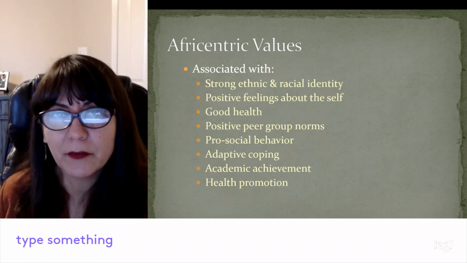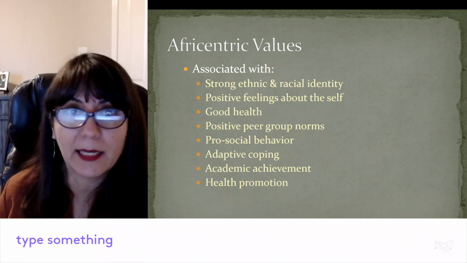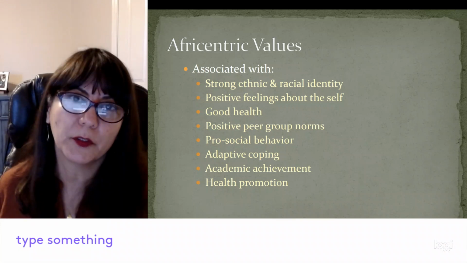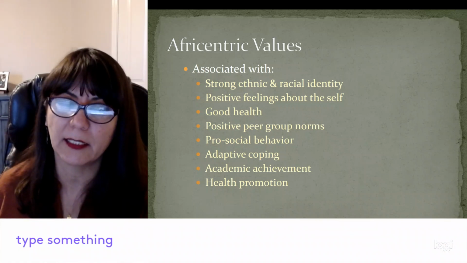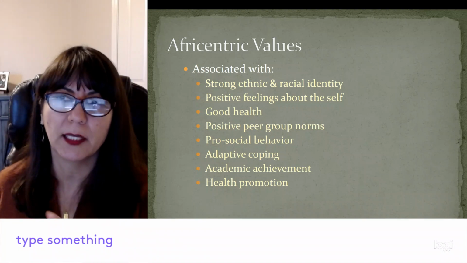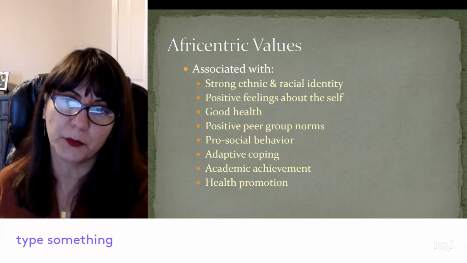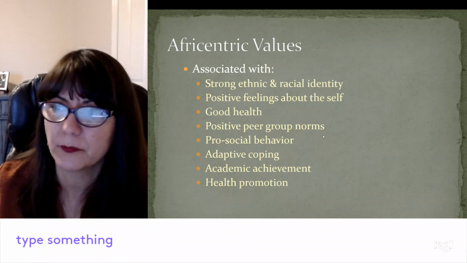Pro-social behavior, adaptive coping, academic achievement and health promotion. So if you're working with African American adolescents, it's important to take their cultural worldview into account in order to really help foster many of these positive outcomes.